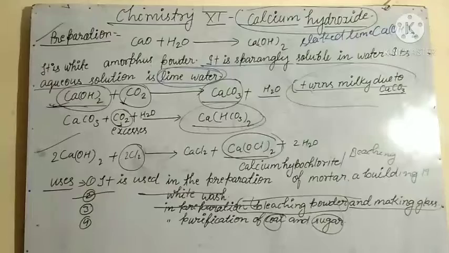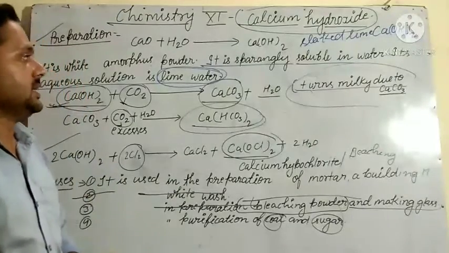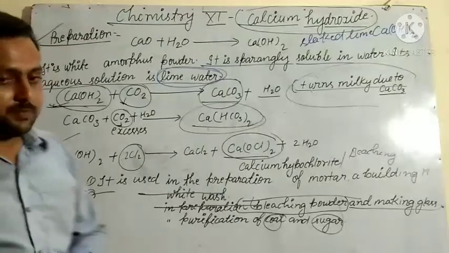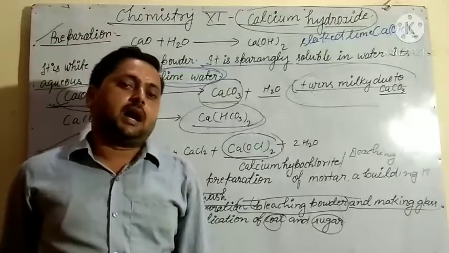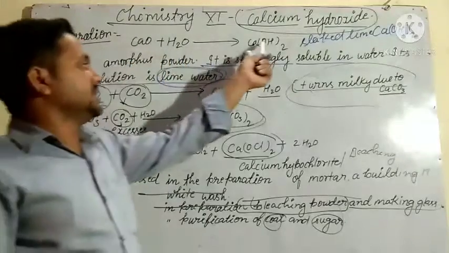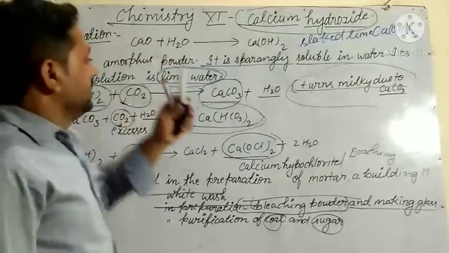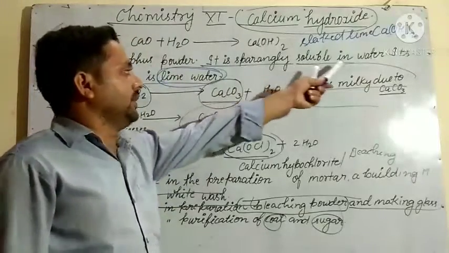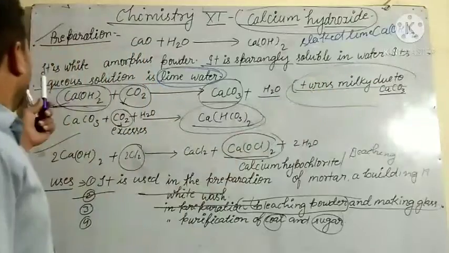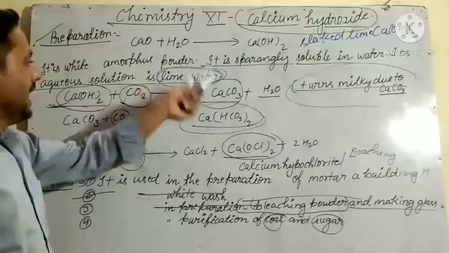So what we have discussed, we can summarize. Calcium hydroxide is known as slaked lime. It is prepared by the reaction of calcium oxide with water. It is a white amorphous powder, strongly soluble in water, and its aqueous solution is lime water.